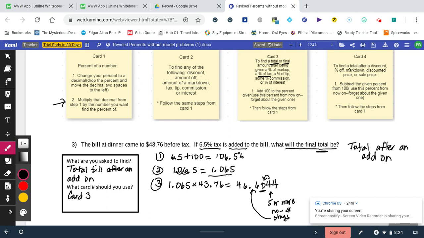Let me undo that. I went to the wrong one. It should be going to this number right here. So the 0 is going to stay put. So we're looking at $46.60 as the final bill or final cost. Okay. All right, let's try another one.